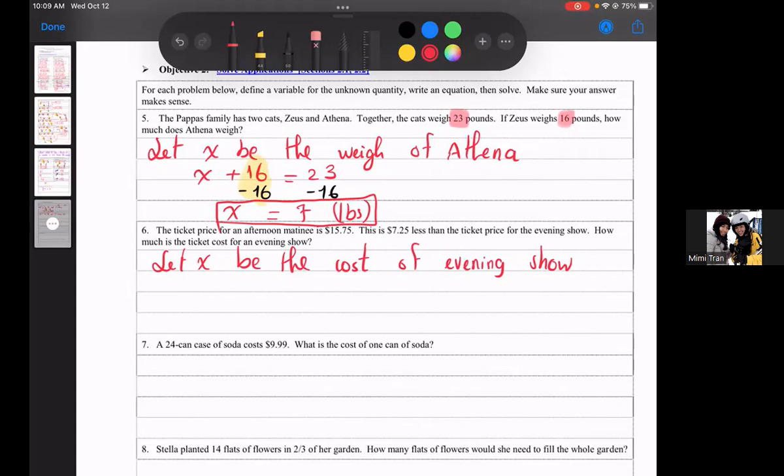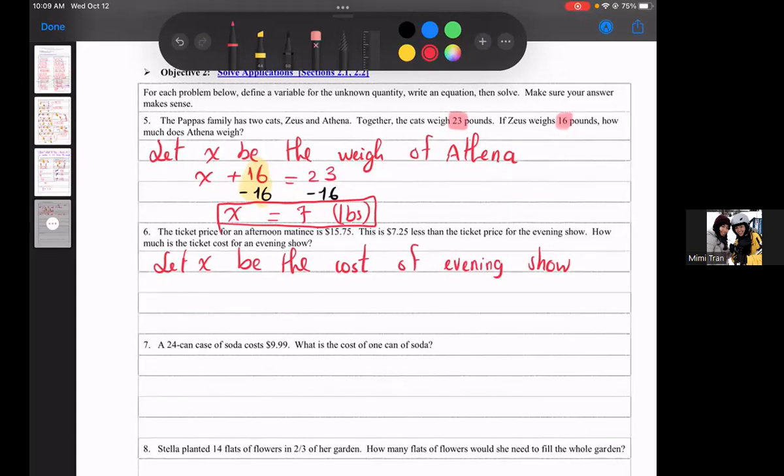Okay. So what can I say next? What kind of equation can I set up next? I know the afternoon ticket, how much it costs. I know that the evening show is $7.25 less than the afternoon. So what does that mean?